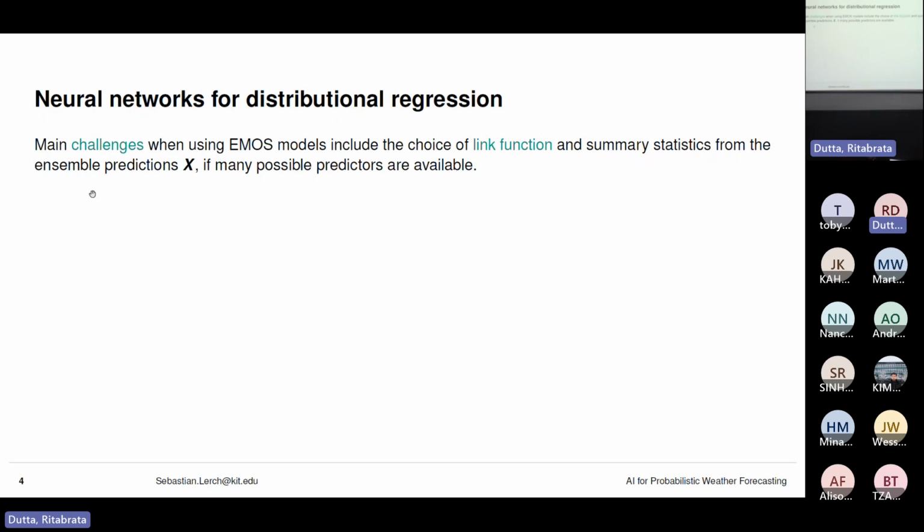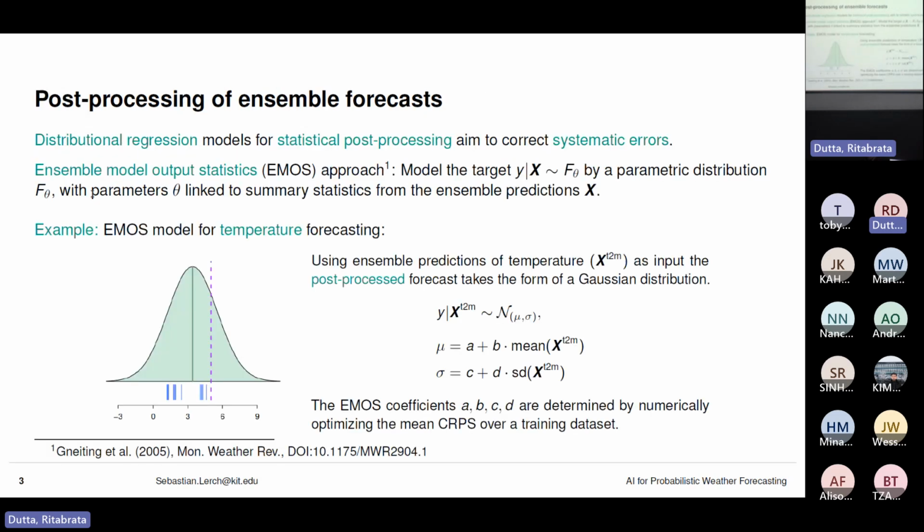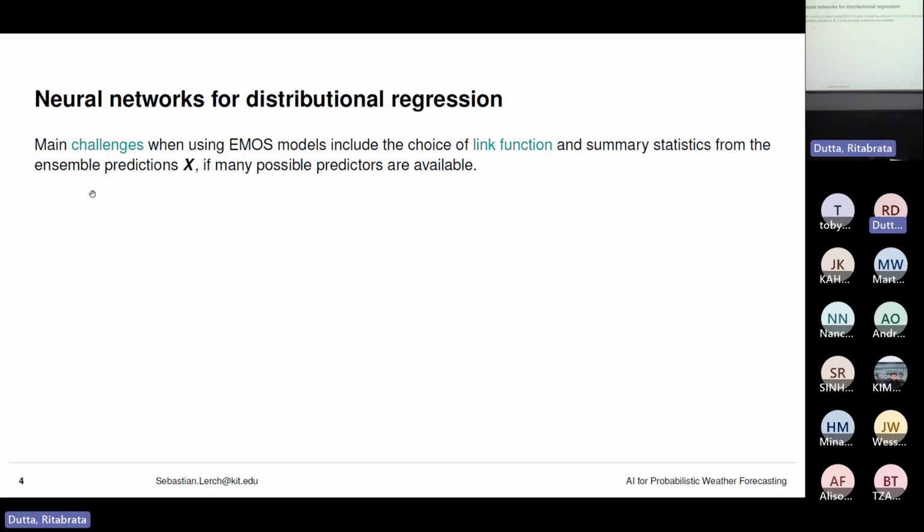This mainly comes in when you think back to this set of equations, because of course, as output of our physical models, we have ensemble forecasts not only of temperature, but of many other variables that also potentially have some information about temperature, things like wind speed, solar radiation, precipitation, and so on. We maybe want to include them in the model here, but this means we would have to specify this link function by hand to decide how our distribution parameters should depend on all the possible input predictors. And this becomes very difficult, especially if we have many possible predictors available.